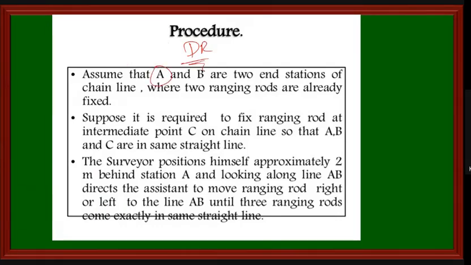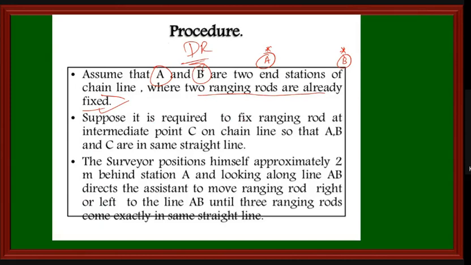Assume that A and B are the two end stations of a chain line where two ranging rods are already fixed, and these two are intervisible. I will also show what a ranging rod is. For DSA students, they know what a ranging rod is.